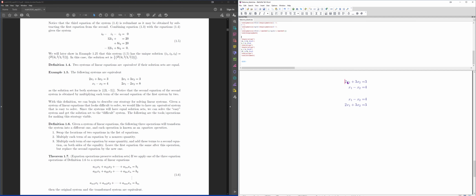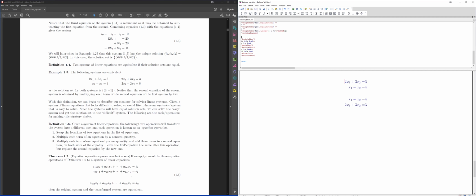But you see that, once more, this is my original system, and I do an equation operation. In other words, I modified the system by changing the order of 2 equations, and that doesn't change the solution set. So this system and this system are equivalent.